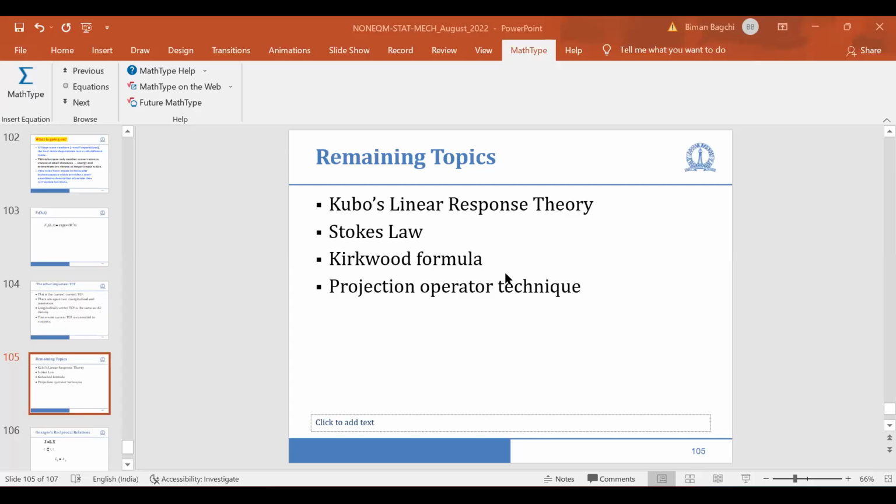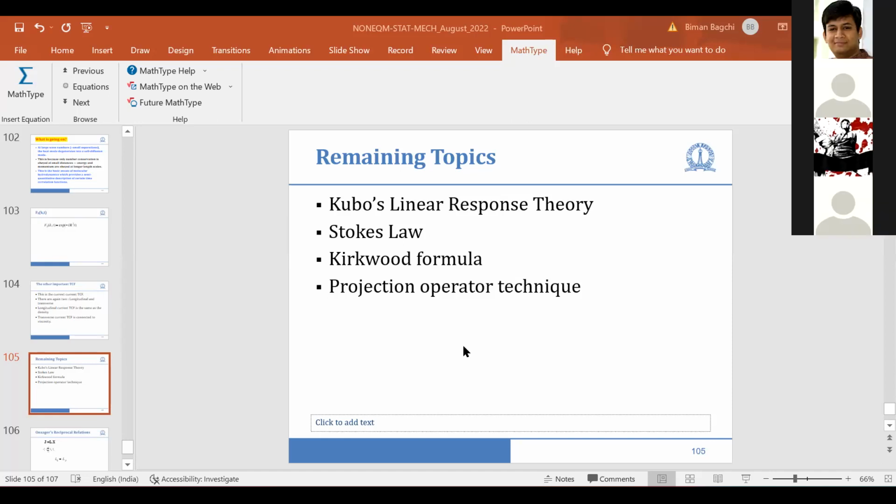Okay. So Kubo's linear response theory I've done. I've derived Stokes law. I told you the online derivation of the Green-Kubo formula, and the interesting thing is that in much of linear response theory you do the fluctuation.